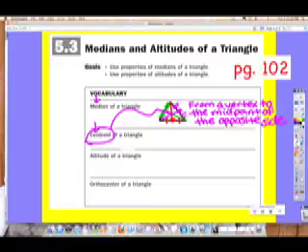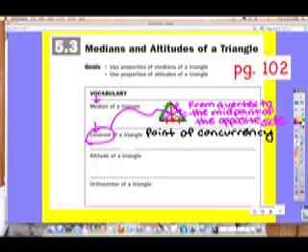So like we learned yesterday, point of concurrency, the point of concurrency of the medians, where they all meet. Median, centroid, kind of the same thing, right? Draw 3 medians, that gives you the centroid. Just gotta remember those 2 are coupled together.